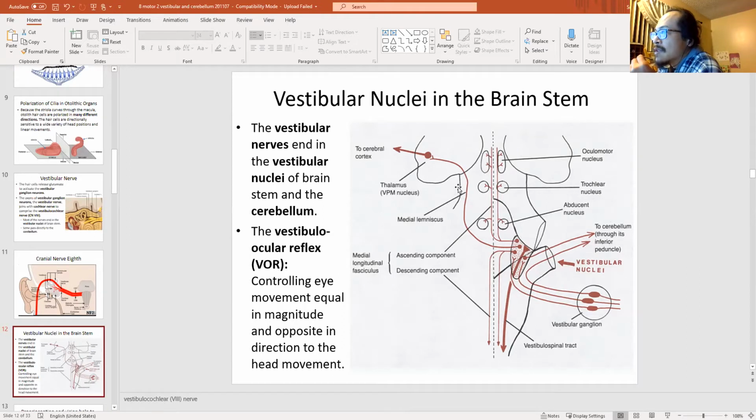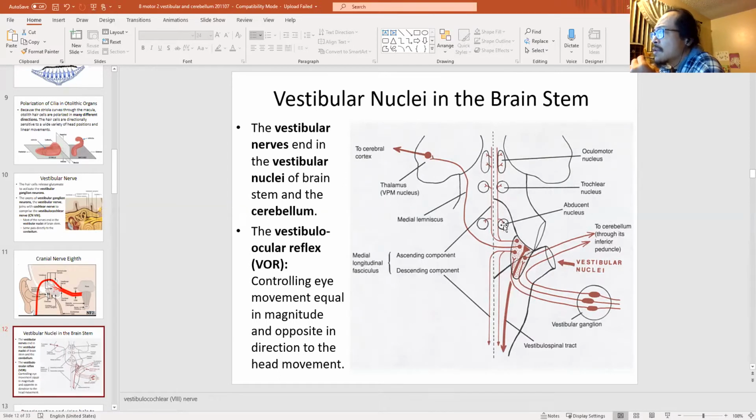The vestibular nuclei will also send signals into the cerebral cortex, so our brain will know our body balance. Everything going to the brain has to go through the thalamus, so it goes through the ventral posterior medial nucleus in the thalamus, and then to the brain. This also sends signals to different nuclei in the midbrain and brainstem.